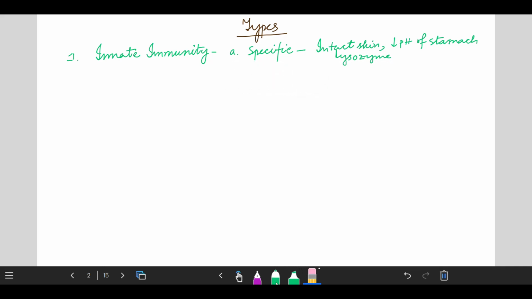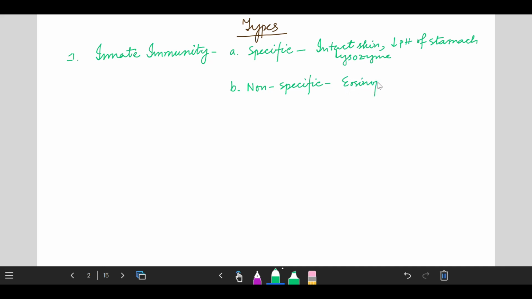Another one is non-specific. Okay, so non-specific means when eosinophil, neutrophil, natural killer cells or NK cells, dendritic cells, or it can be mast cells, these kind of cells are involved in destroying the pathogens or germs. This kind of immunity is known as non-specific innate immunity.